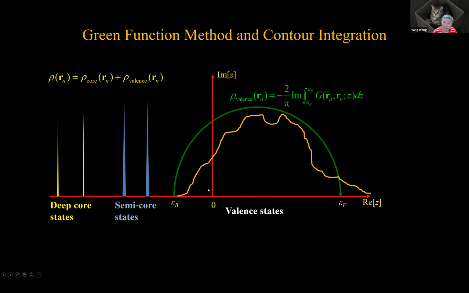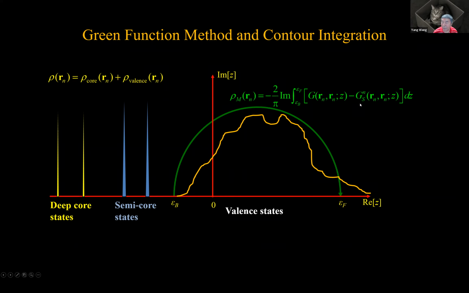But the problem is, on the complex energy plane, we have difficulty dealing with the irregular solutions, right? So the way we avoid calculating the irregular solution is we just calculate the difference between the multiple scattering term and the single site term.